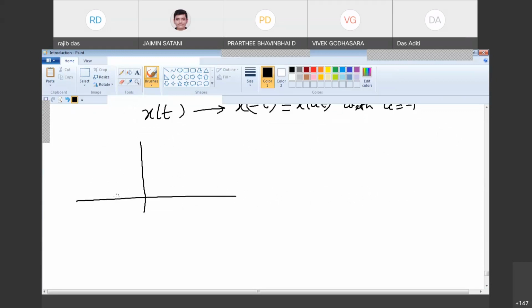If I take one example like this, this value is -2, and this side is suppose at 5. This is 0, and this is the x of t, and its value is suppose 2. Then can I draw y of t, which is nothing but x of minus t?